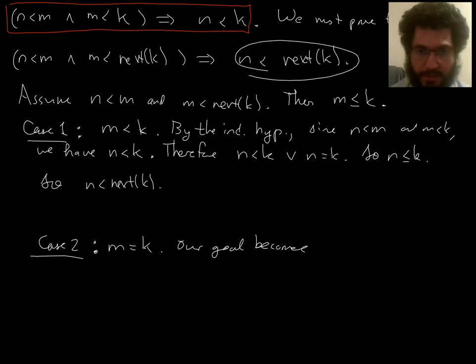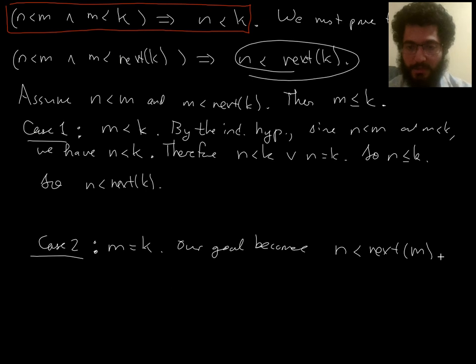So this was actually the goal currently, so that goal becomes n is less than next m, since it was k here, and now the k has been replaced by m. So can we prove this, that n is less than next m? Well, we have n is less than m, right?